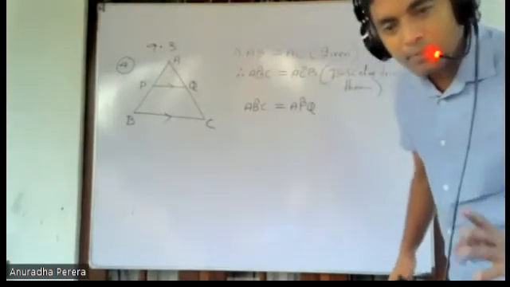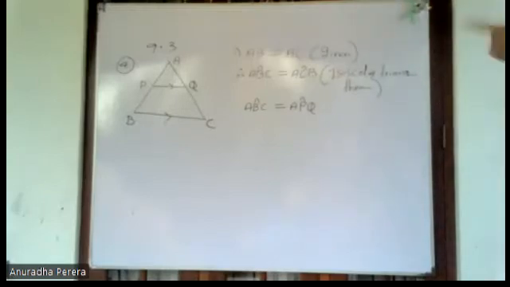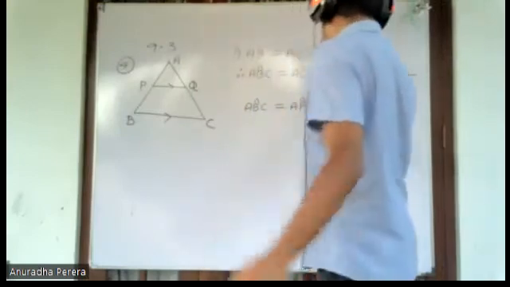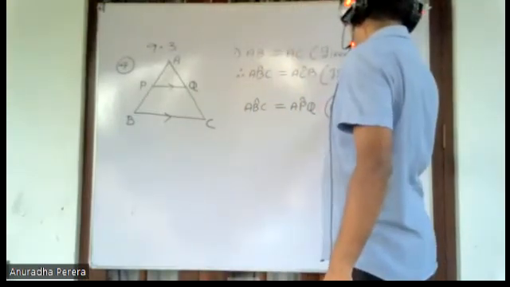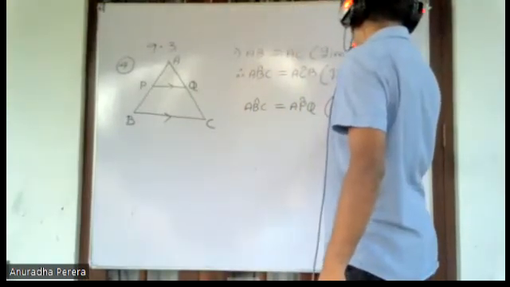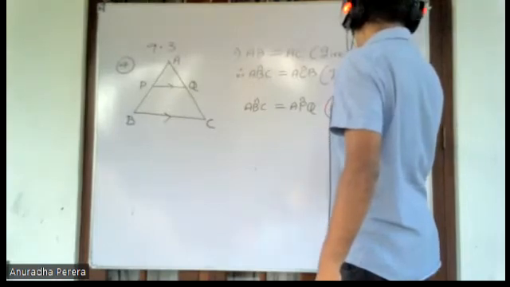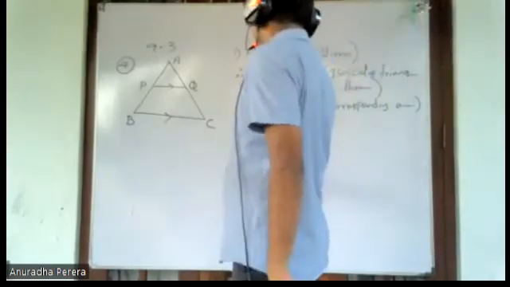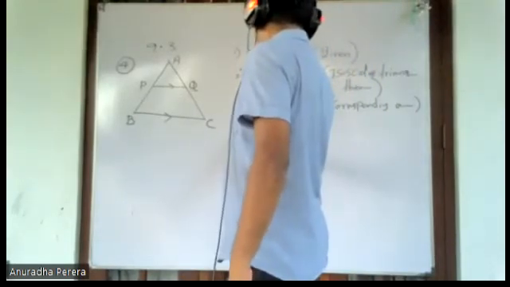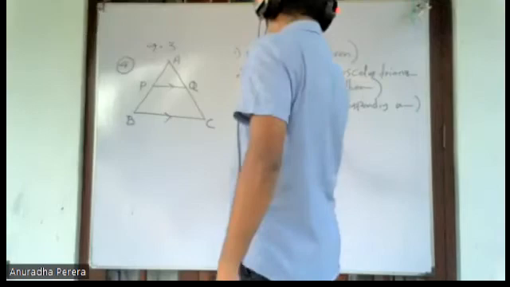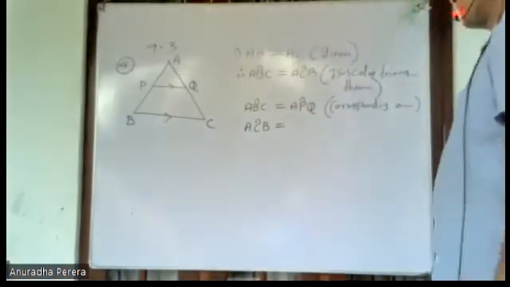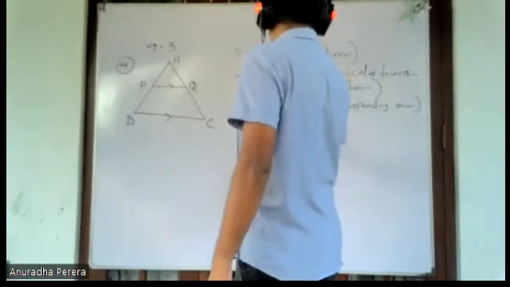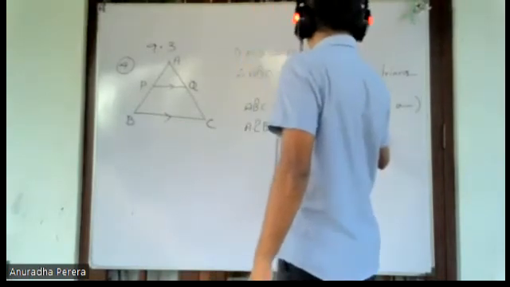Right. ABC equals APQ. These two are equal, son. Corresponding angles. And ACB equals AQP, the same thing, corresponding angles.